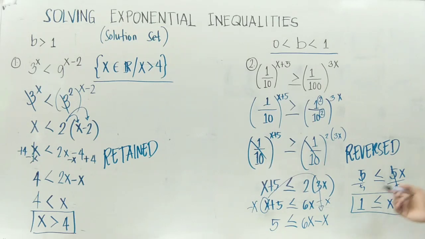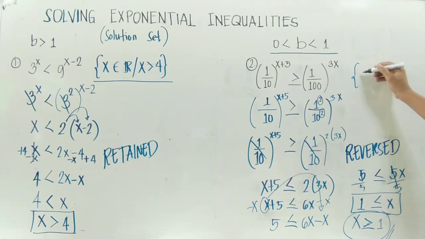So now we have 1 is less than or equal to x, or the proper way of writing it, x is, again, the opening should be on x. Or writing it using this one, we have x is an element of a real number such that x is greater than or equal to 1.